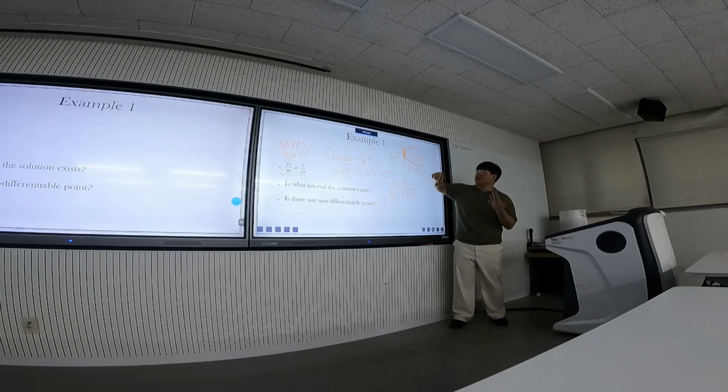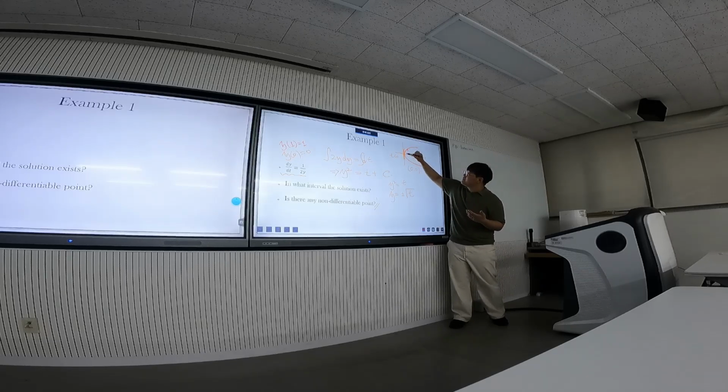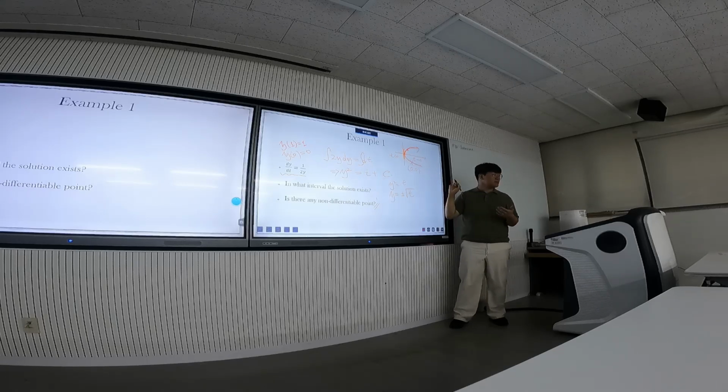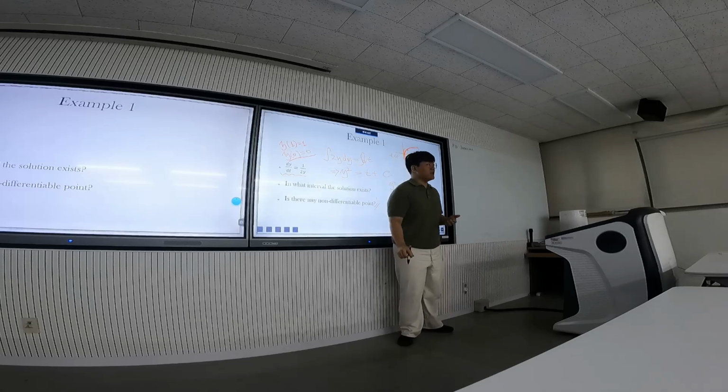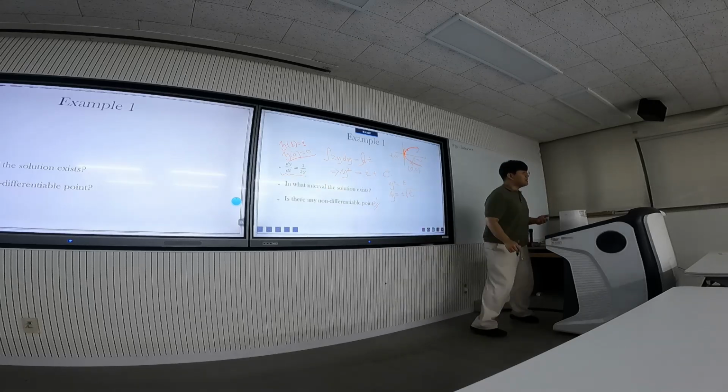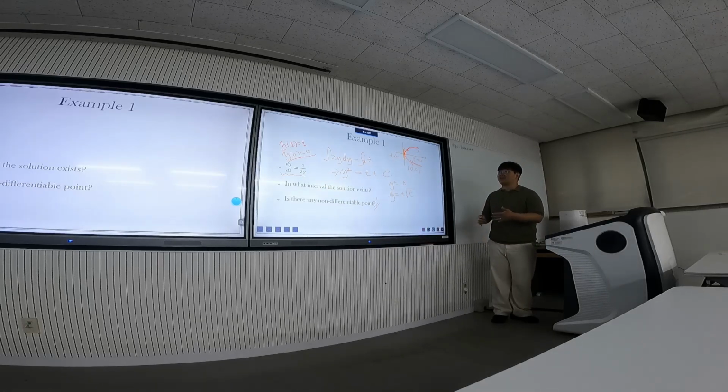However, since you have (1, 1) here, you can say that the solution comes from here and goes to here, not this one. But if you have this one as your initial value, you cannot tell. The solution is not unique, so you need to be careful whenever you solve differential equations.